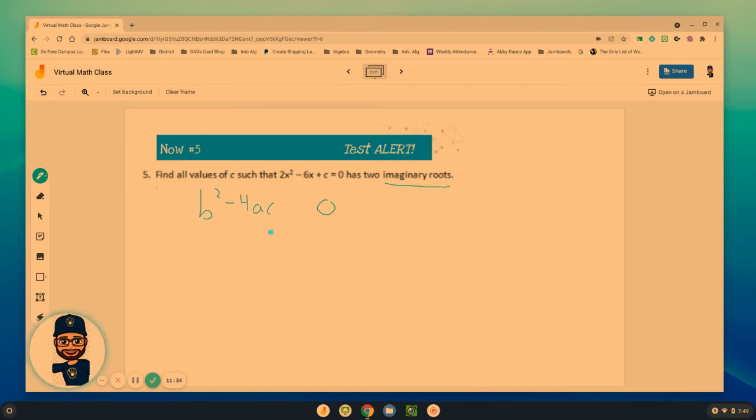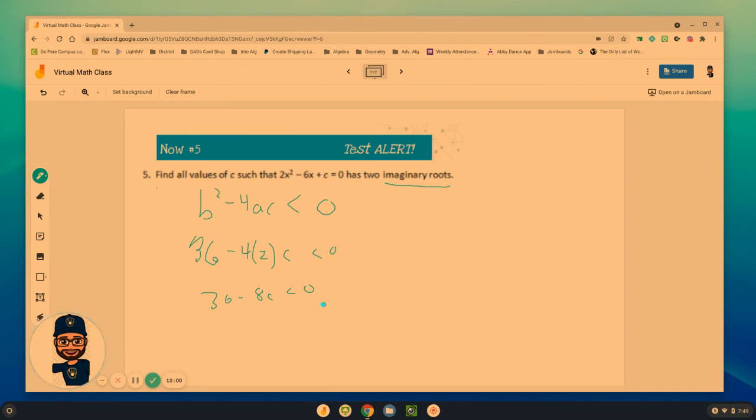If we want imaginary, it has to be less than 0. We need negatives. So b squared, which is going to be 36 minus 4 times our a value times our c, which we don't know, has to be less than 0. 36 minus the 8c is less than 0.